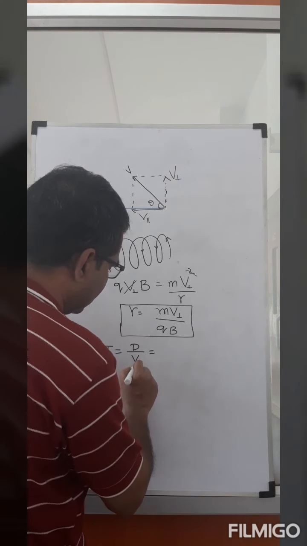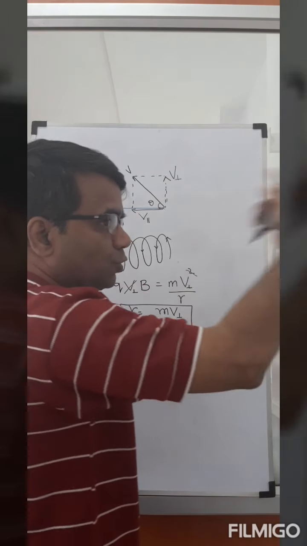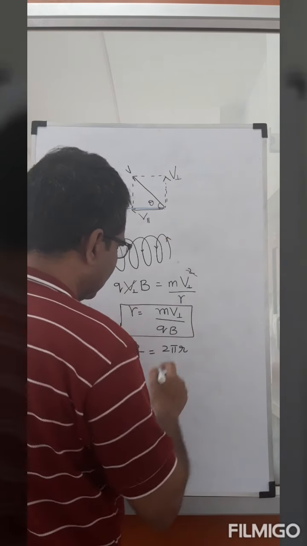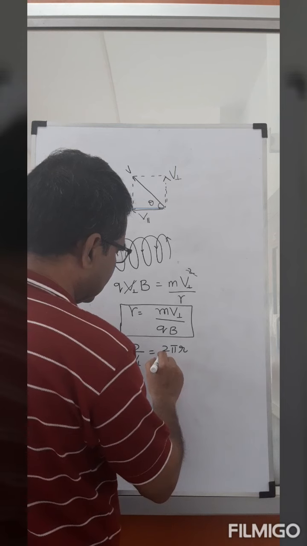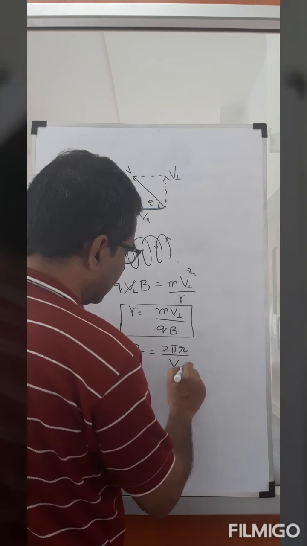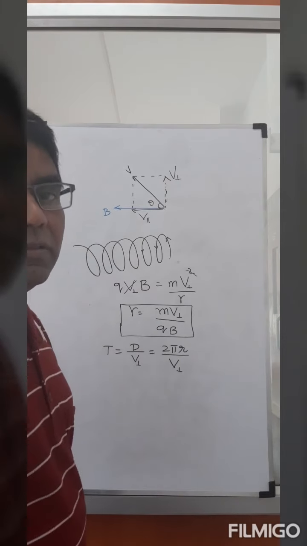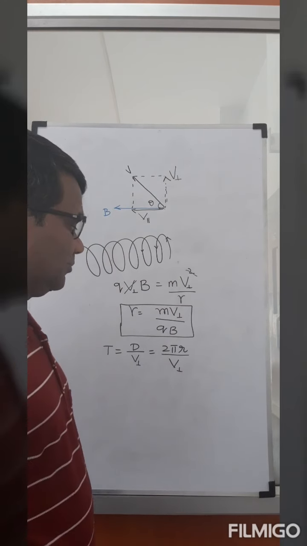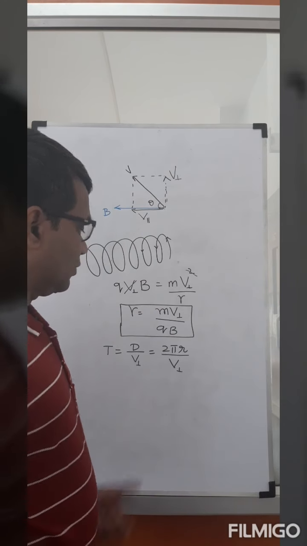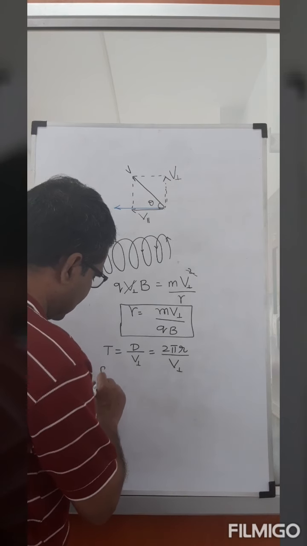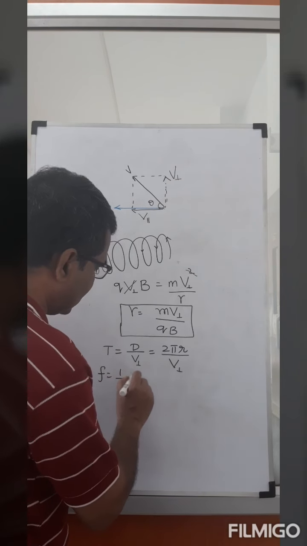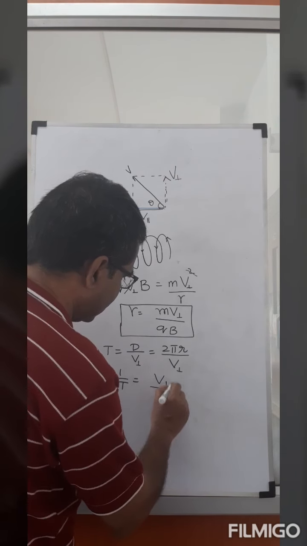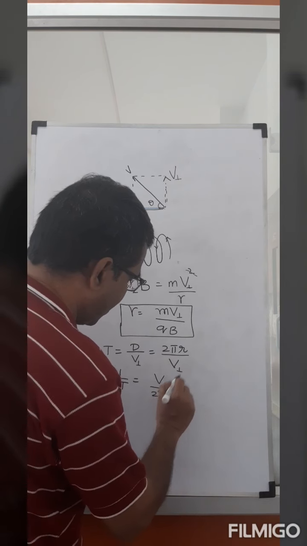The distance is 2 pi r, divided by v perpendicular. So that will give me the time it takes to make one circle. Then the frequency is equal to 1 by T, and that's going to be v perpendicular divided by 2 pi r.